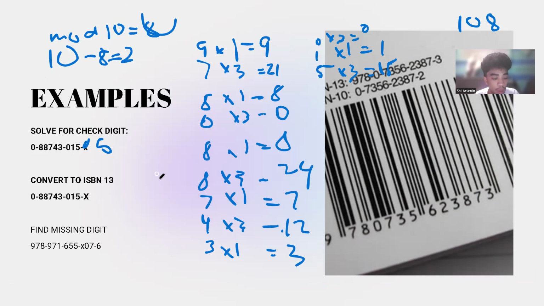So to complete the ISBN 13, it will be 9, 7, 8, 0, 8, 8, 7, 4, 3, 0, 1, 5, 2.